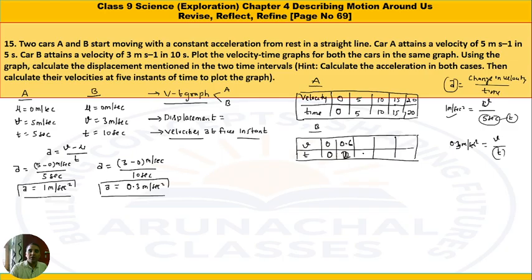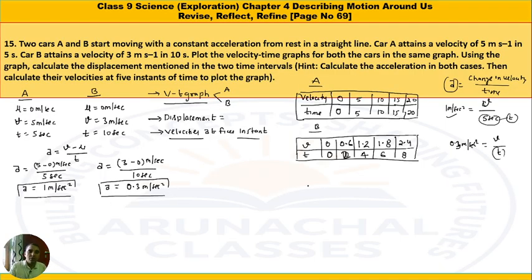If I take time as 4 seconds, 4 times 3 is 12, that is 1.2. If I take 6, 6 times 3 is 18, 1.8. And if I take time as 8, 8 times 3 is 24, 2.4. So I have got the coordinates of velocity and time for both the cars.